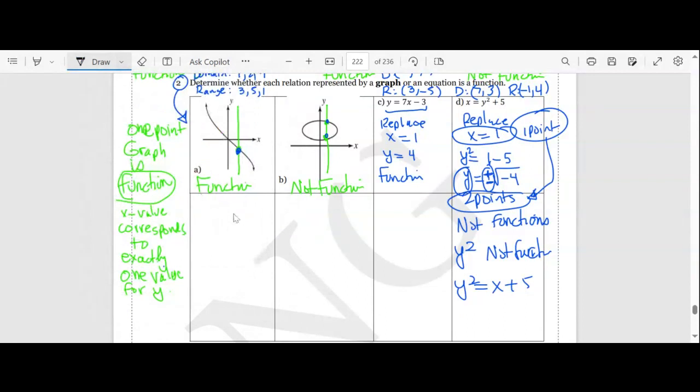Can I test you? I'll make some graphs and you tell me if the graph is a function or not a function. Is this a function? First one, is it a function or not? Function.